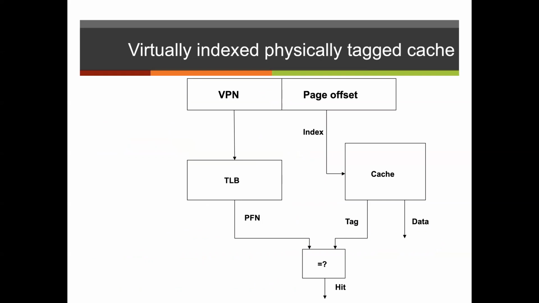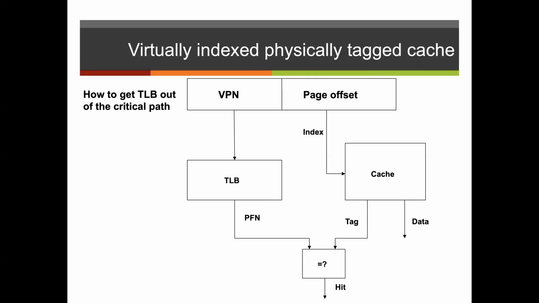And so now we can introduce a virtually indexed cache, or virtually indexed physically tagged cache. And in this, we want to understand how to get the TLB out of the critical path.